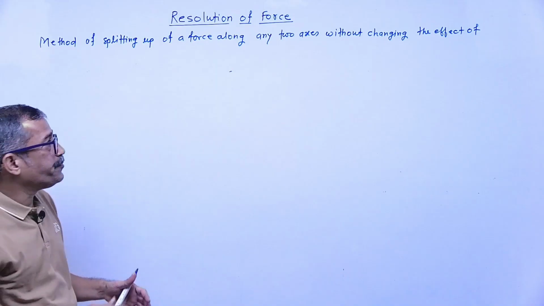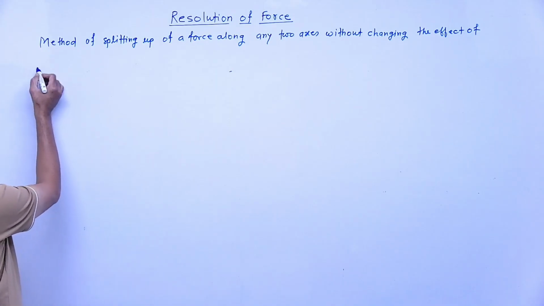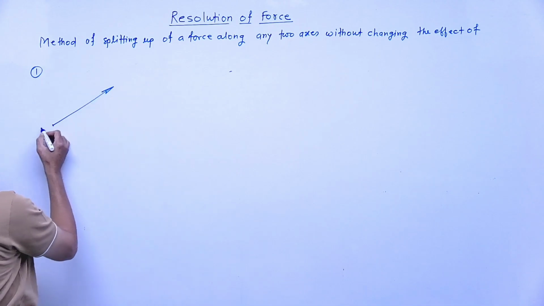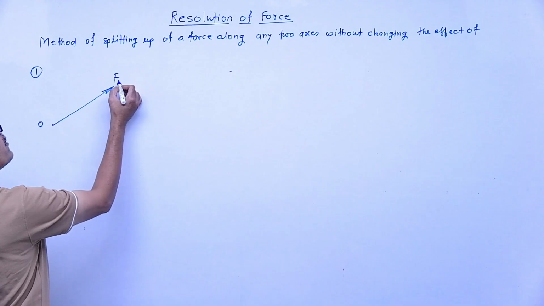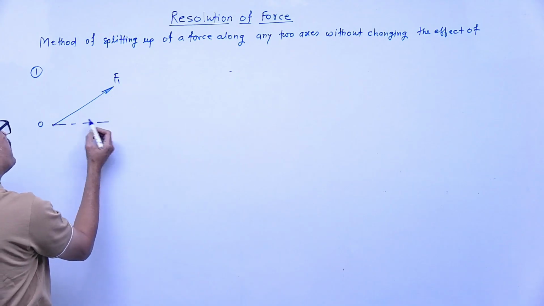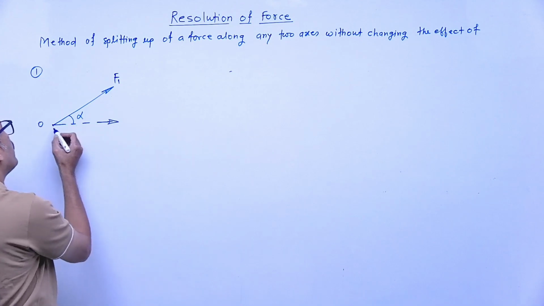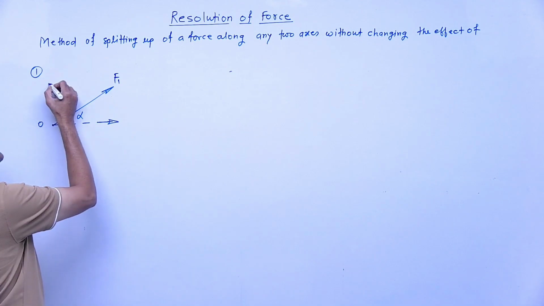See here now. Number 1, right? Force is acting at this point O. Force is F1, and its angle is, say, alpha. The horizontal component is away from this point, the vertical component also away.